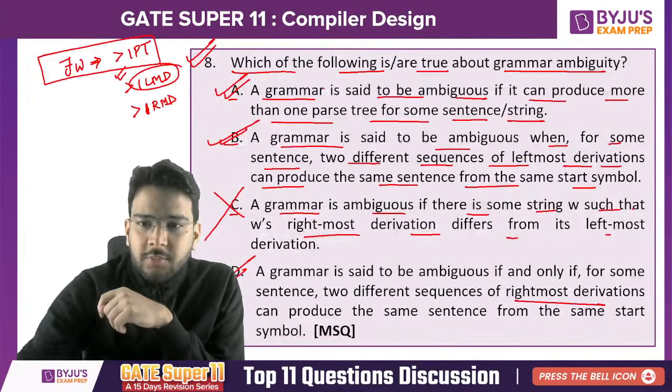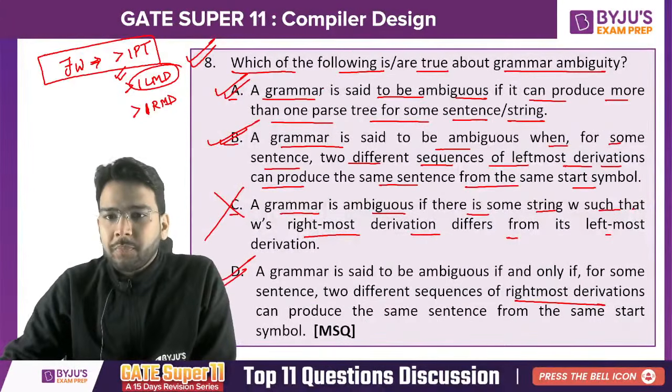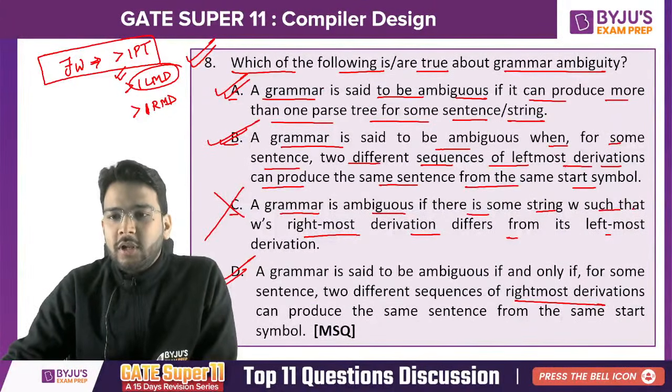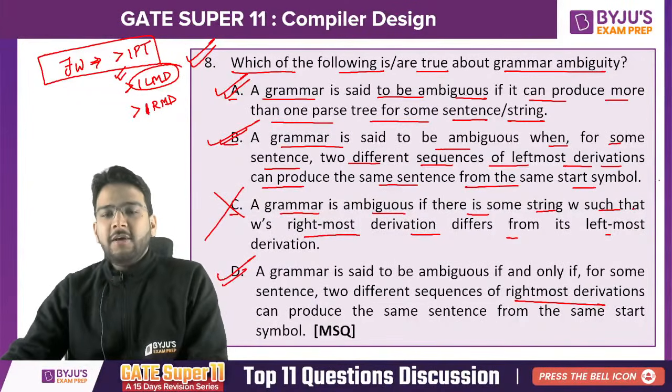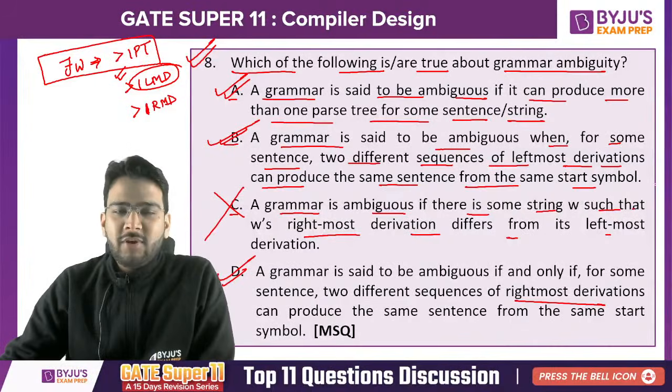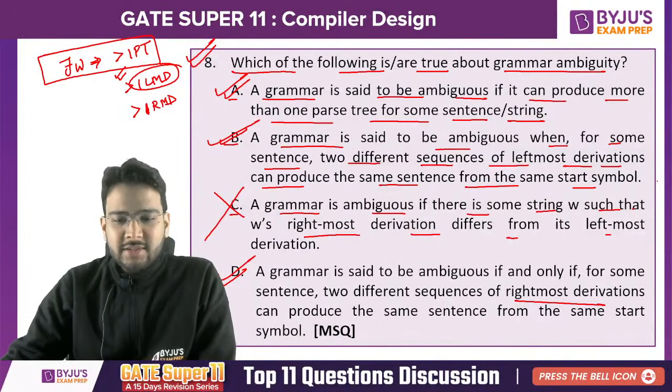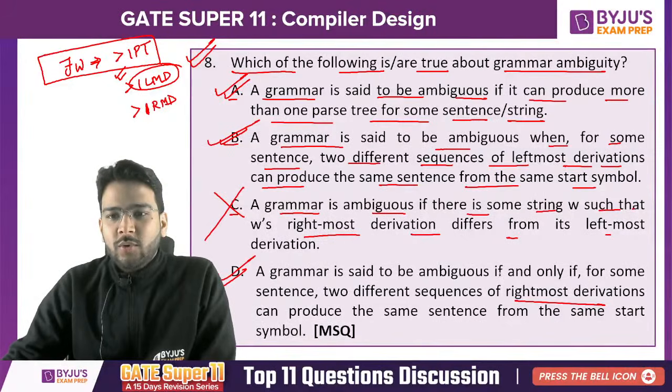Yes, in option D, what is it saying? Okay, if and only if is written. If it says if and only if, then we can say it is incorrect. So here you can see if and only if is mentioned.